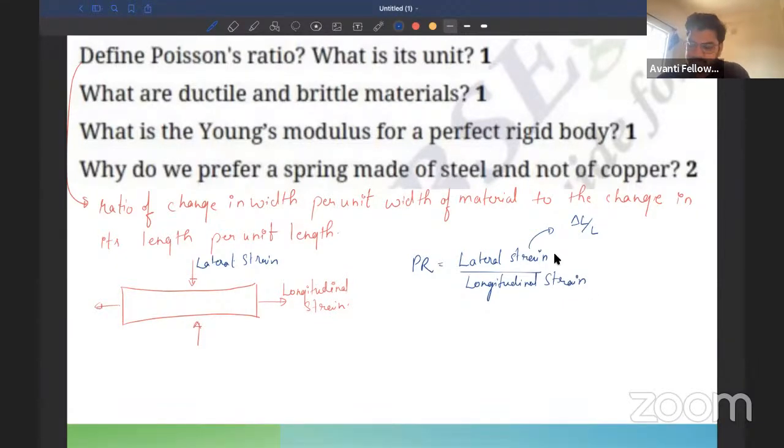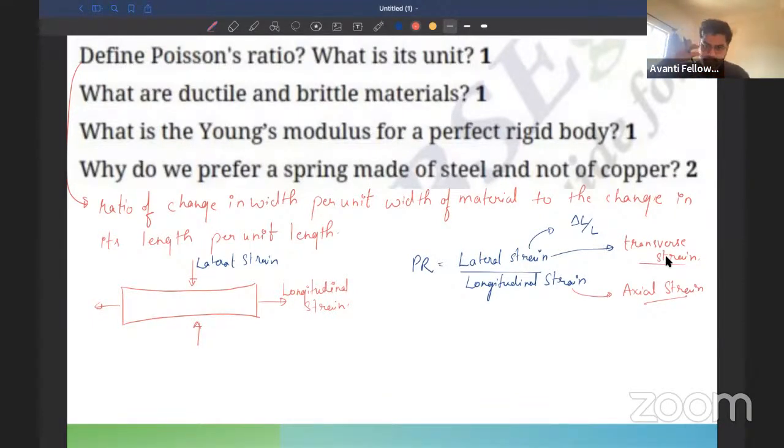Very simple. इसको transverse strain भी बोल देते हैं. There are different names. इसको transverse strain, और इसको बोल देते हैं axial strain. ठीक है.